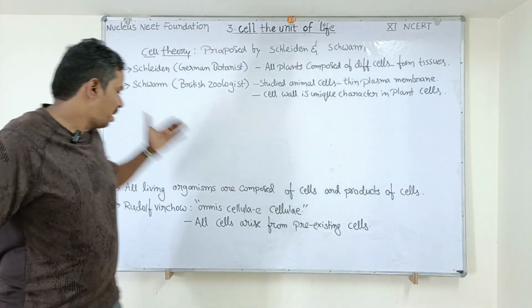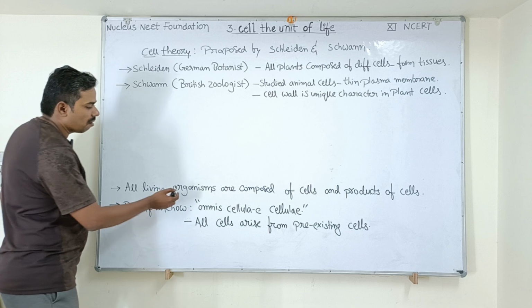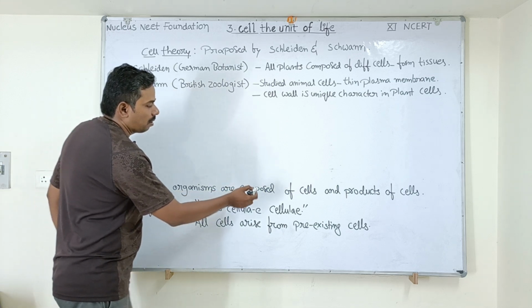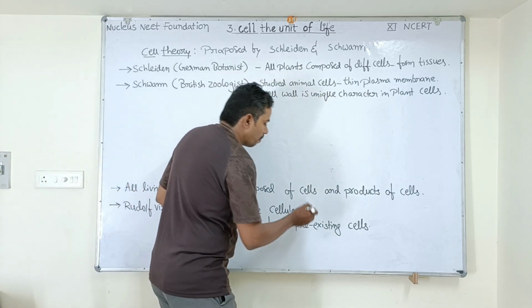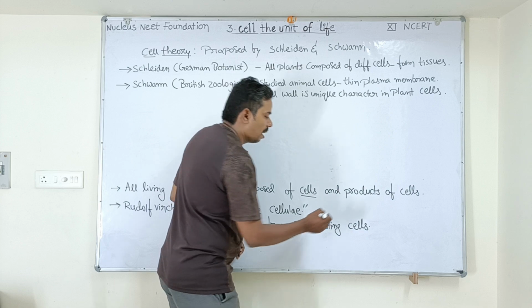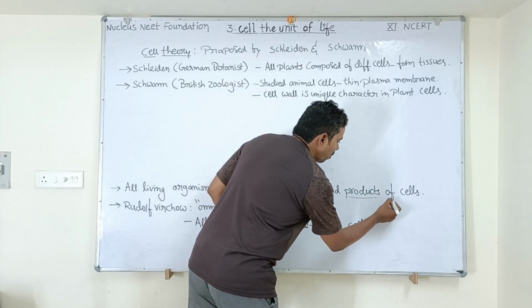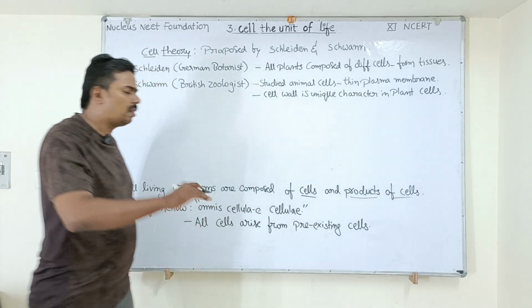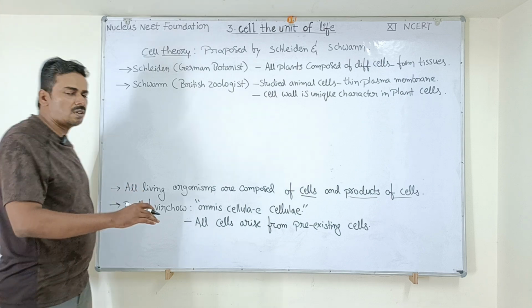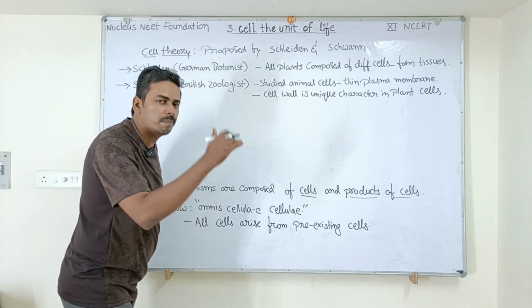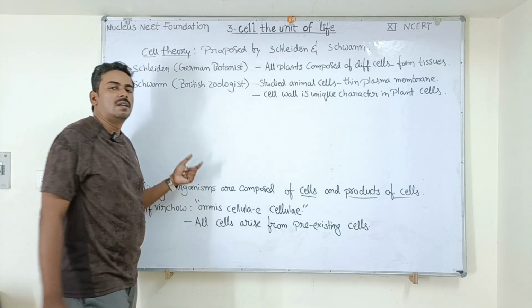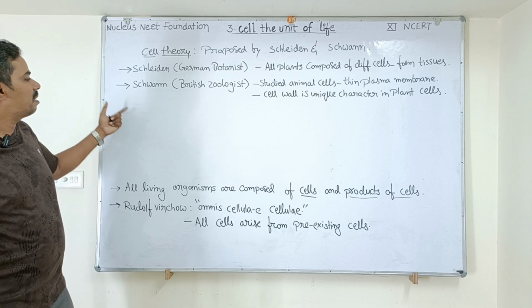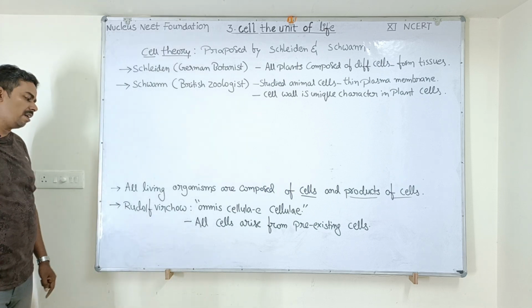So the cell theory states that all living organisms are composed of cells and products of cells. So all living organisms are composed of what, students? Cells and products of cells. This was the theory given by Schleiden and Schwann, which is called cell theory.